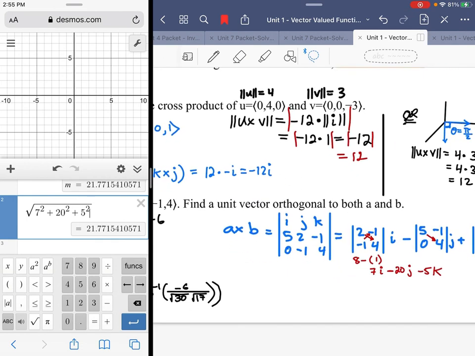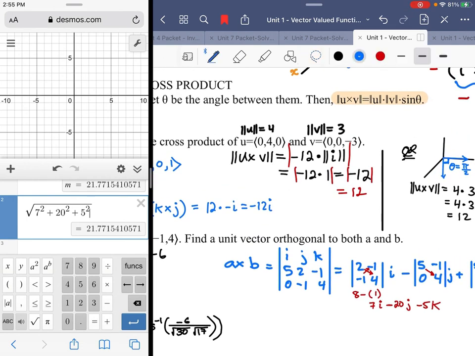So if I want to have the unit vector orthogonal to A and B, what I would need to do is take my cross product and multiply it by 1 over the magnitude.